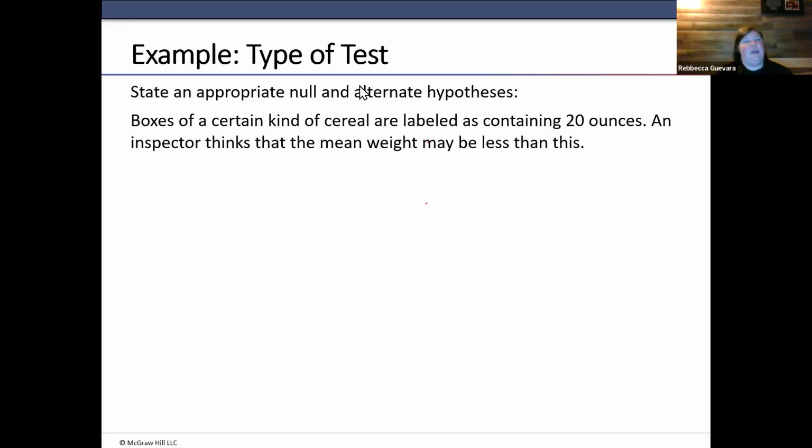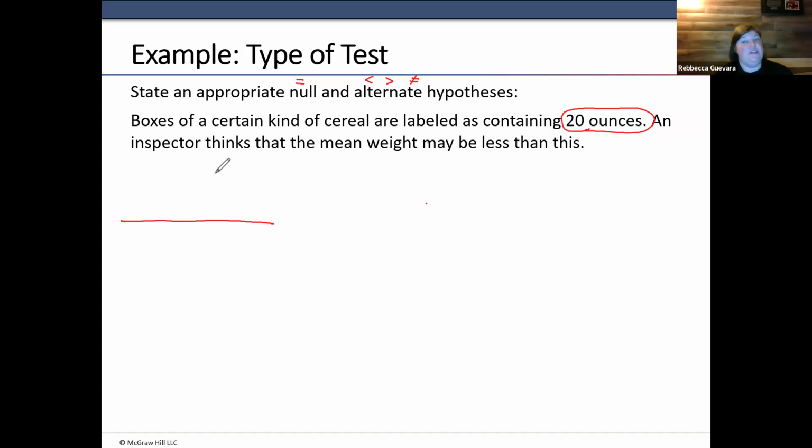All right, so doing a little practice here, we want to state the appropriate null and alternative hypothesis. So remember, null is always going to be the equality, alternative is anything but equal to. We're going to draw a little picture of what we're looking for here. So boxes of a certain cereal are labeled as containing 20 ounces.